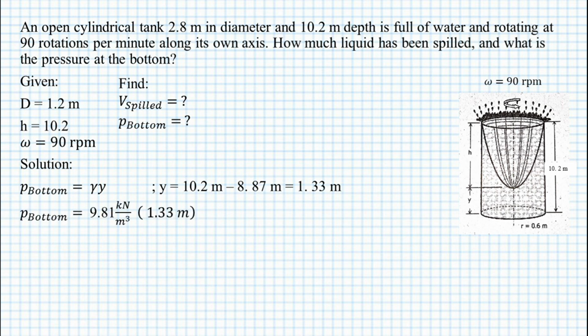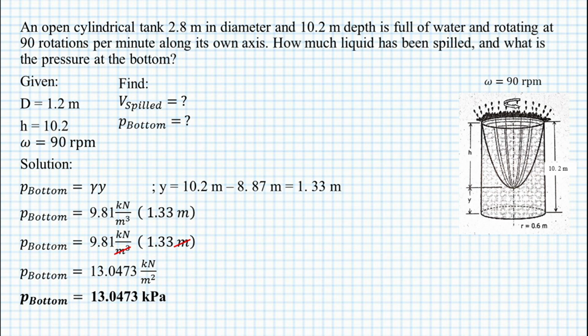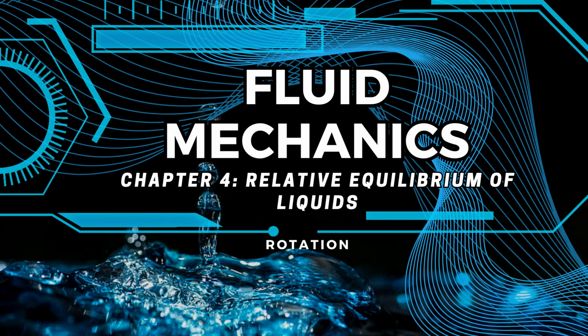We have 9.81 kilonewton per meter squared multiplied by 1.33, which is 13.0473 kilonewton per meter squared. Since kilonewton per meter squared is already a kilopascal, our pressure at bottom is equal to 13.0473 kilopascals.